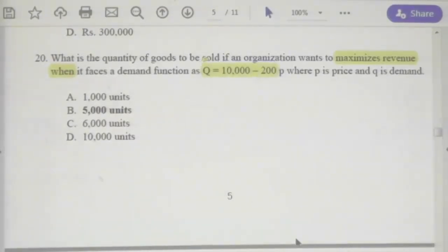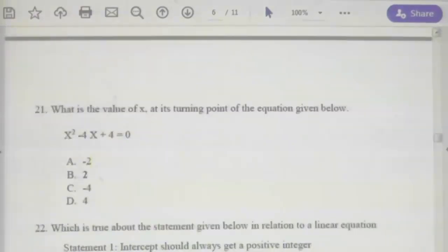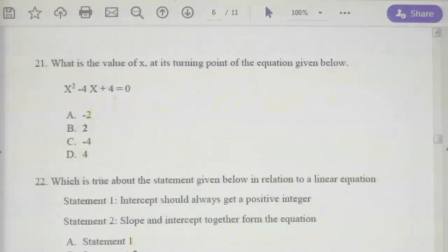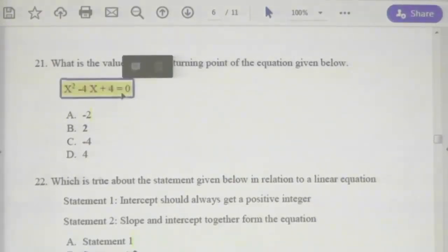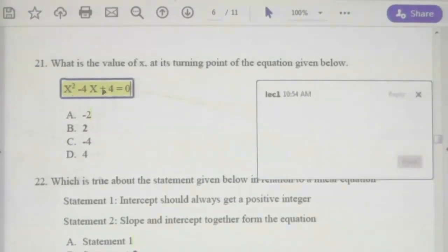Now let's move on to question number 21. What is the value of x at the turning point of the equation given below? The same theory is going to be tested. This formula, we can take here: x power 2 minus 4x plus 4 equals 0.